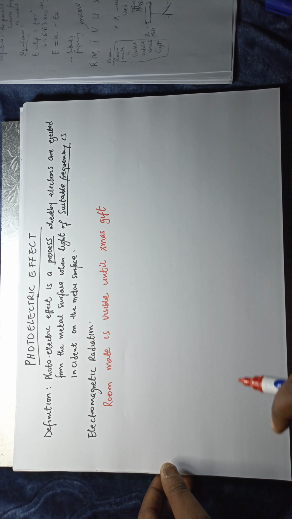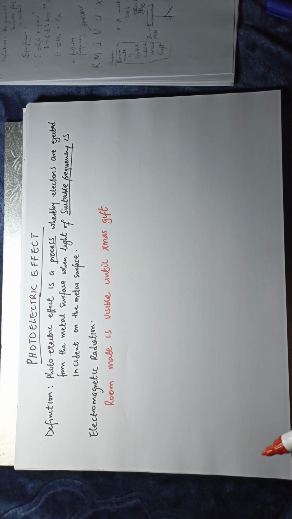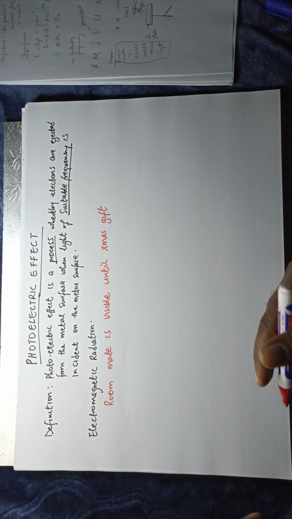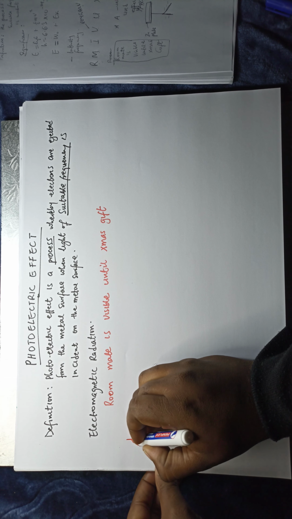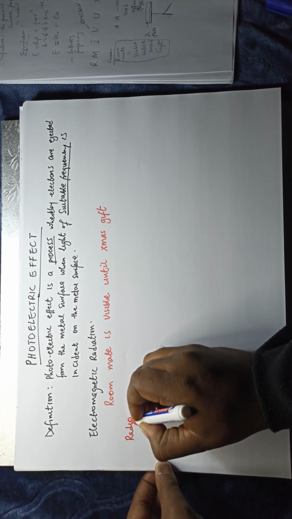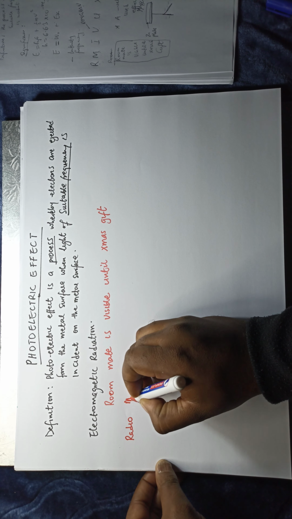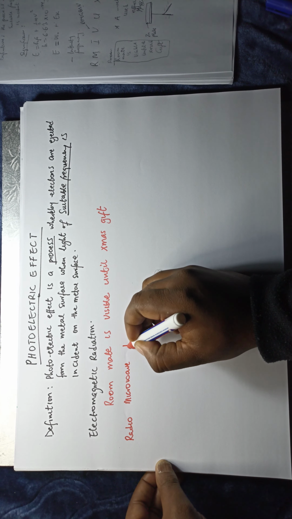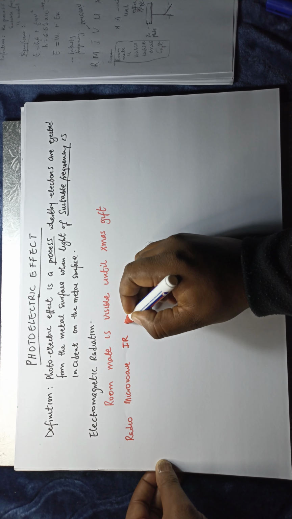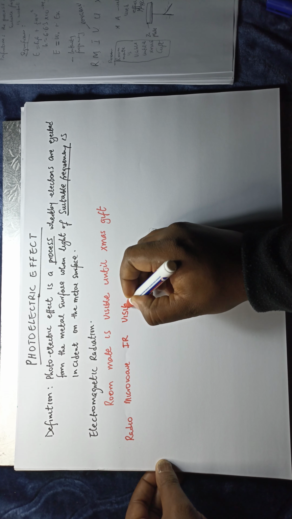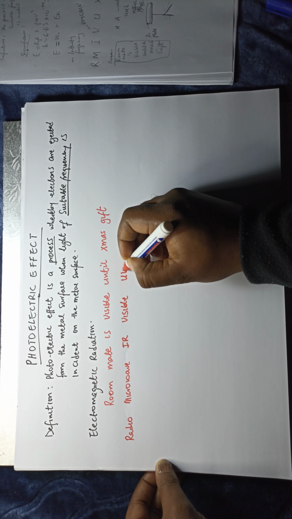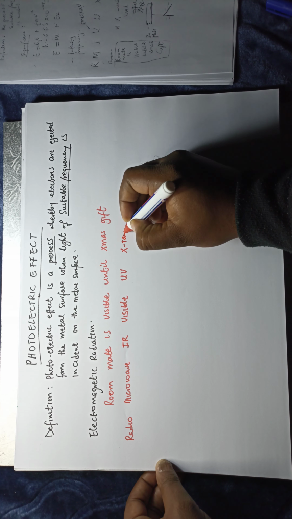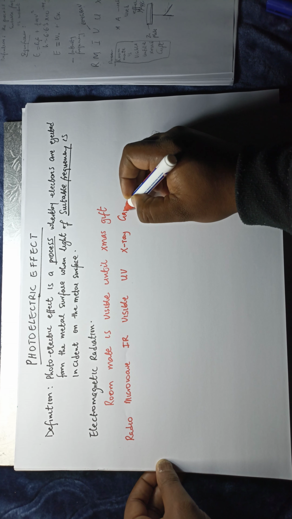It's a way you can remember it very easy. In other words, we have the radio, the microwave, the infrared, the visible light, the UV, the X-ray, and the gamma rays.